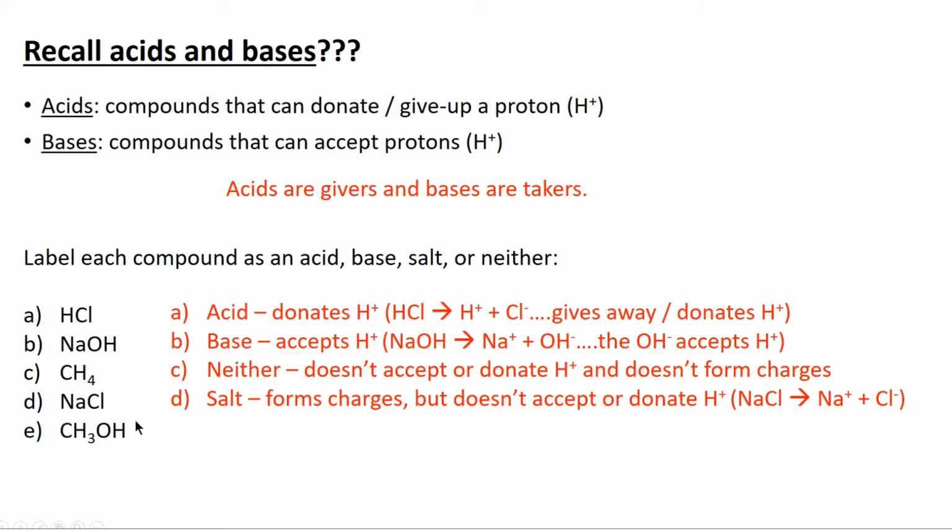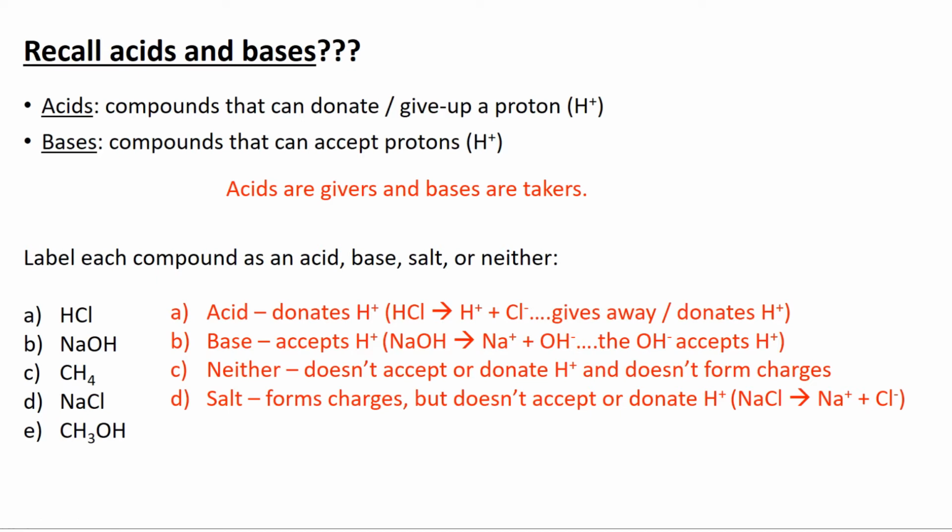So this one's tricky. So you see this OH right here? This is not a hydroxide. This is not the same as this guy. This guy's a hydroxide because it is bound to a metal, where sodium is a metal. This OH here is attached to a carbon. Carbon is a nonmetal.